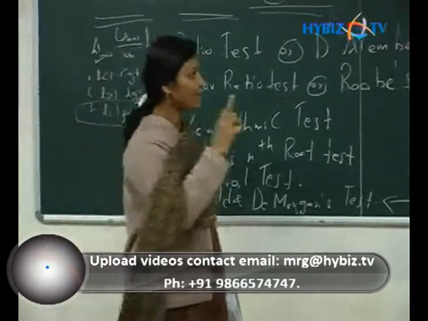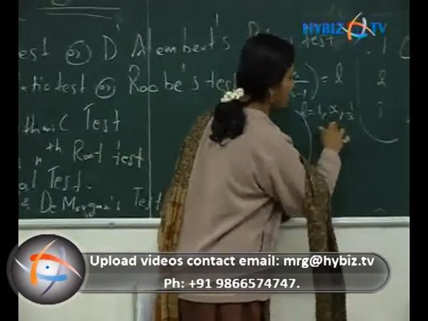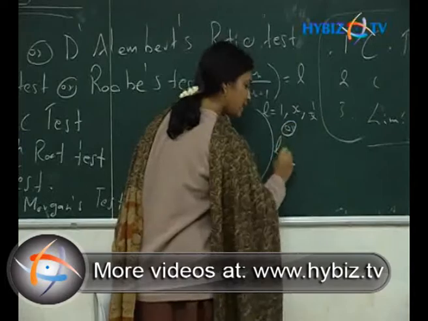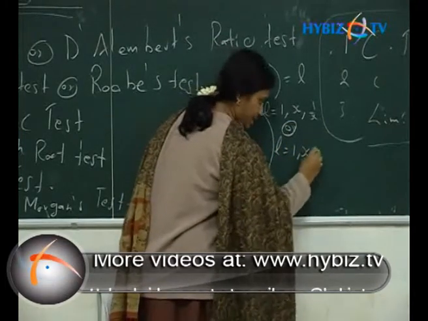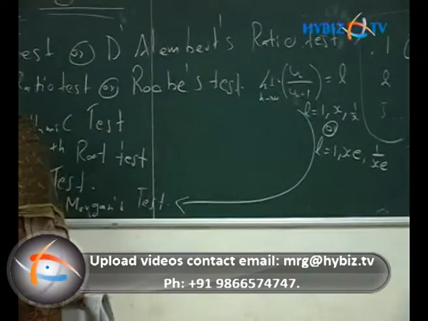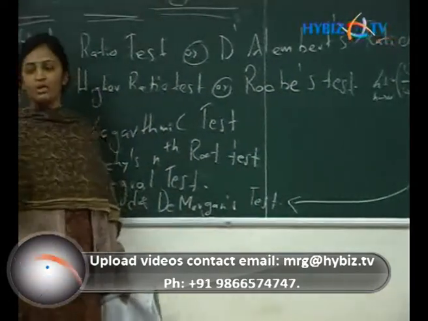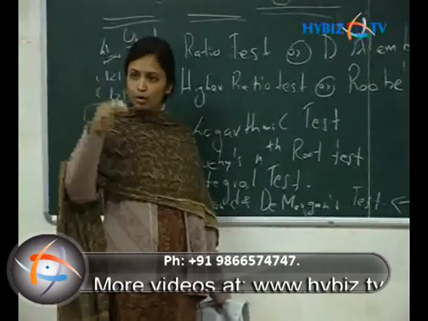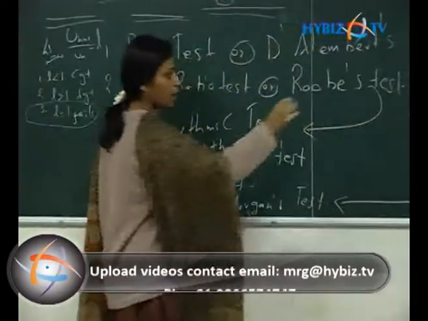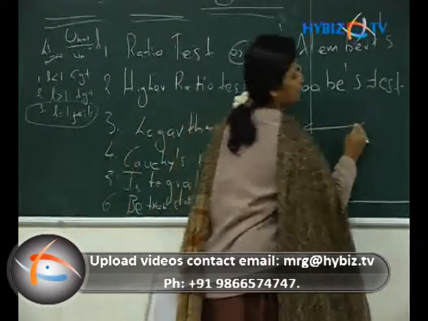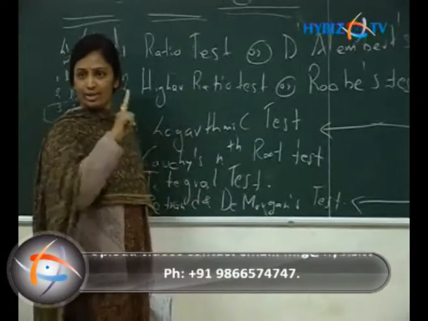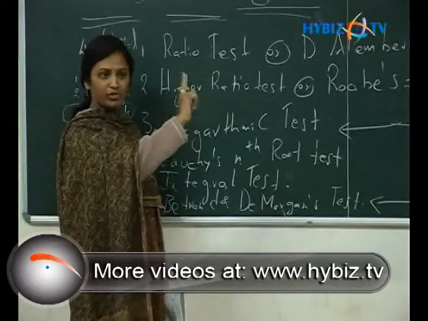Now instead of getting L equals 1, x or 1 by x, now you will get L equals 1 or xe or 1 by xe. E means you know that the logarithmic term definitely will be there. So at that time, after the second test fails, you have to go for the logarithmic test. Understood? For the first test, L equals 1 means you went to the second test.